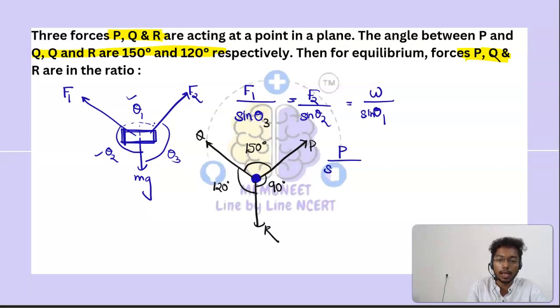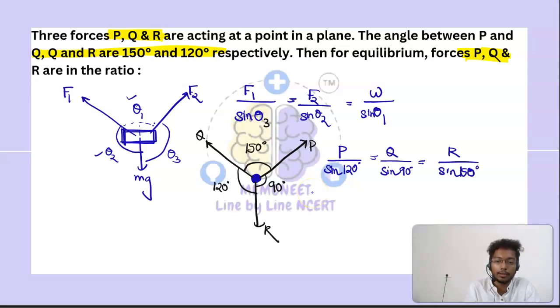So we have here P upon sine 120 degree is equal to Q upon sine of the non-adjacent angle, that is 90 degree, and equal to R upon sine 150 degree.